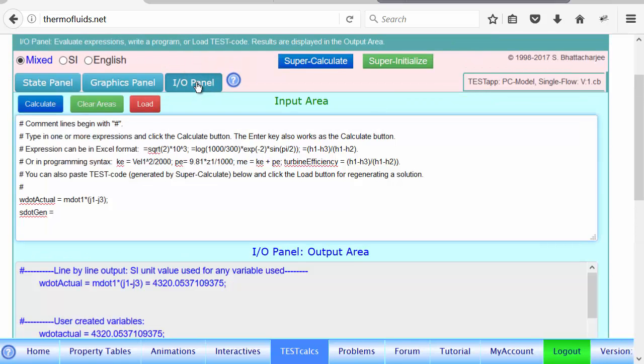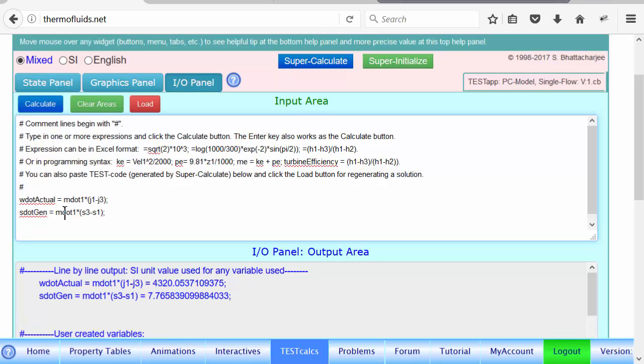So if we come back here, the formula becomes entropy generation is m dot 1 times S3 minus S1. The entropy that is exiting will be higher, minus what is entering. So the difference is what must be generated by friction, 7.76. So this is our answer for the entropy generation rate in this turbine.